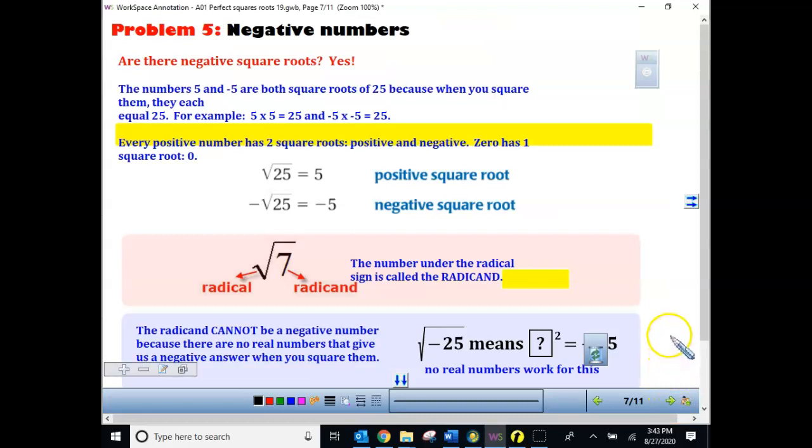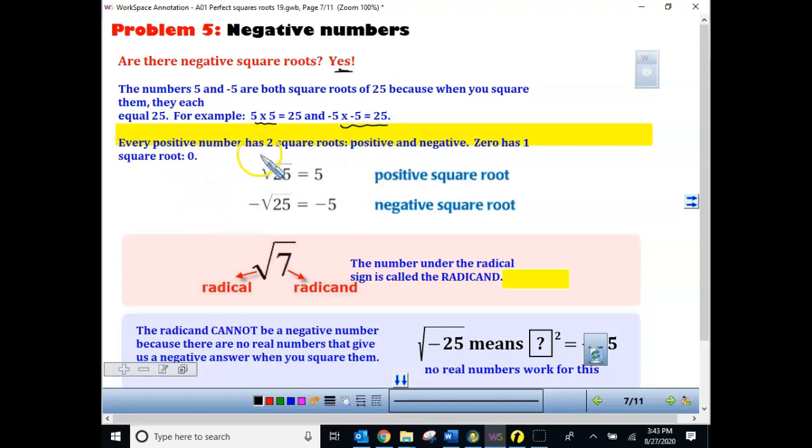Now, we are on the bottom of page 5 right now, and it says, are there negative square roots? And the answer is yes. It says the number 5 and negative 5 are both square roots of 25 because when you square each of them, you get 25, which is true. 5 times 5 equals 25, and negative 5 times negative 5 gives us 25.